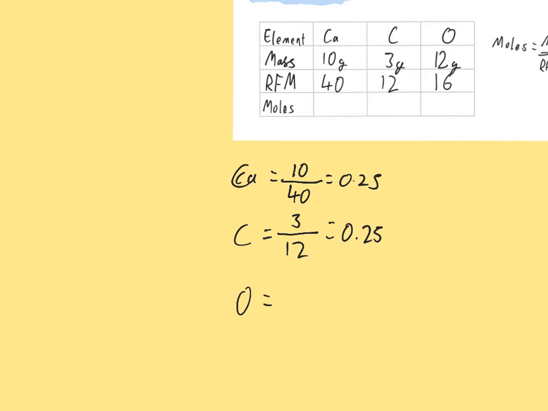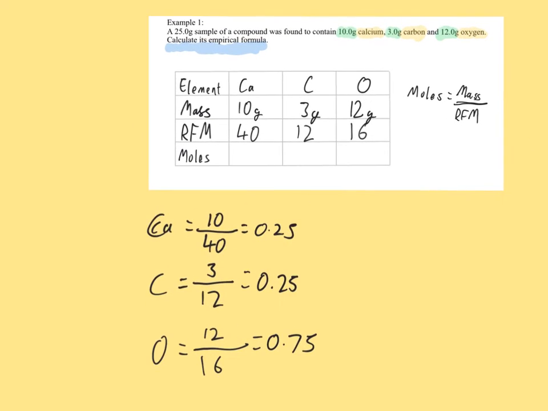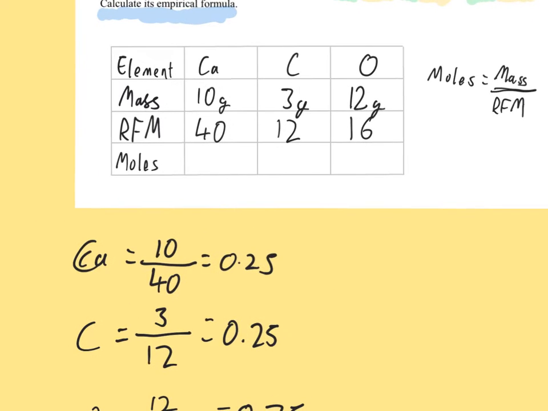And for oxygen, we have 12 over 16, which will give us 0.75. Don't be afraid to use a calculator, and I'll tell you why at the end of the video. So calcium 0.25, carbon 0.25 again, and oxygen 0.75.